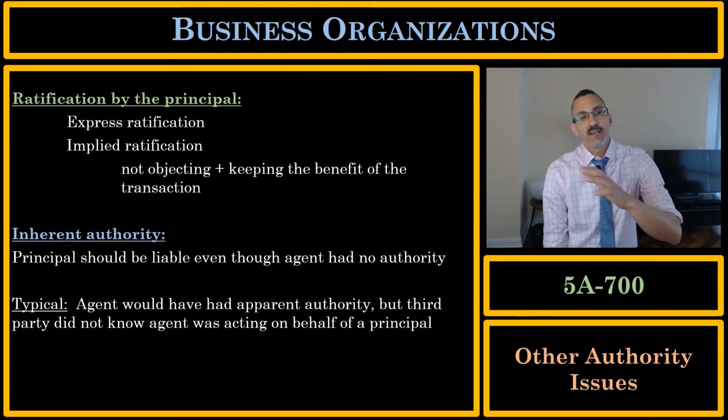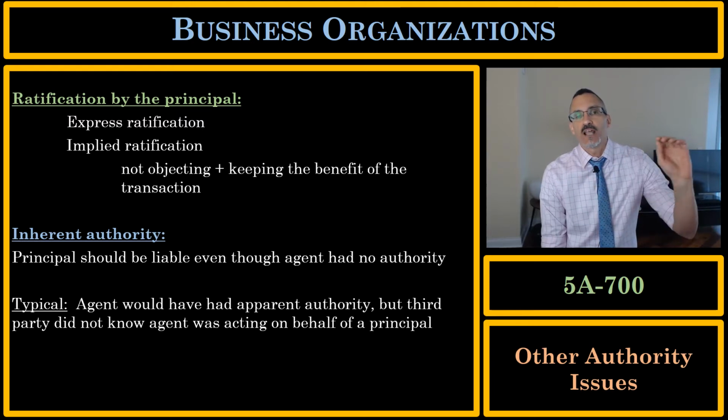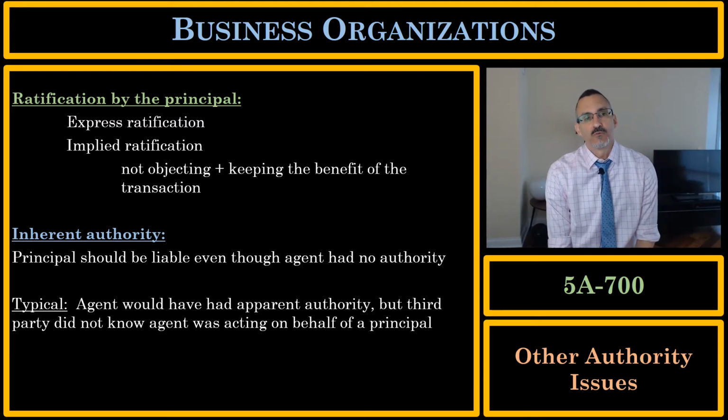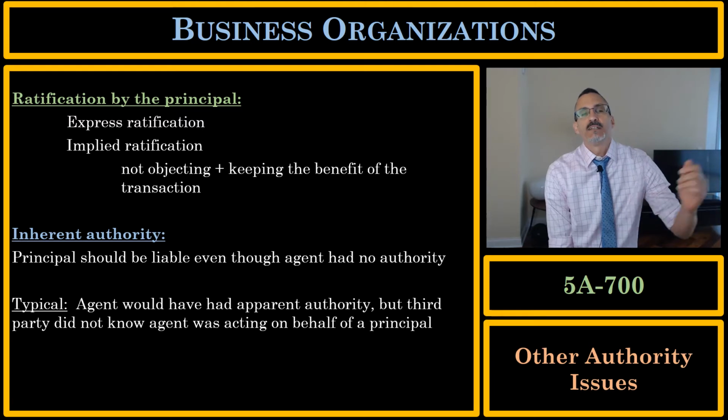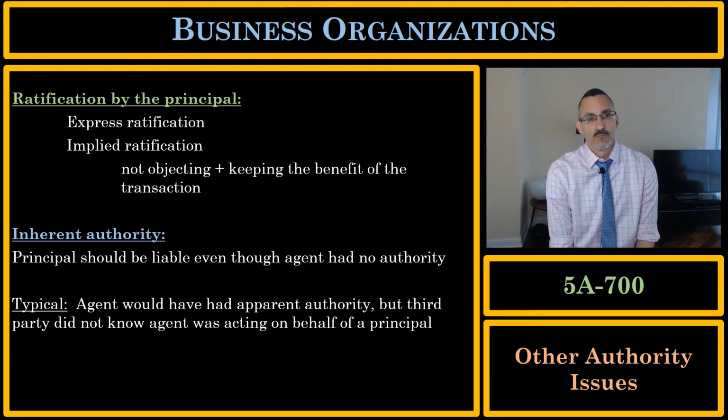The third party had no idea that the agent was acting on behalf of the principal. So when the agent entered into the contract, the third party had no idea of the existence of the principal. But, the court says, if the third party had known of the principal, then the third party would have been reasonable in believing that the agent had authority to bind the corporation or the principal in this transaction.